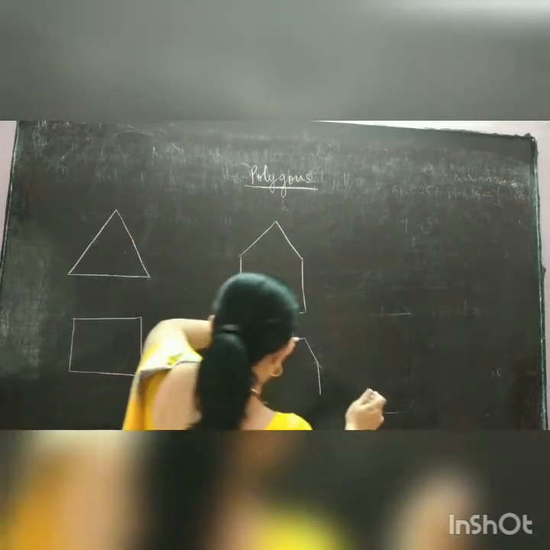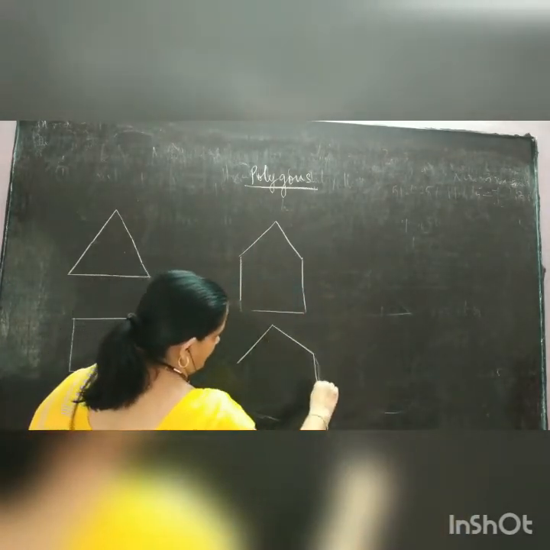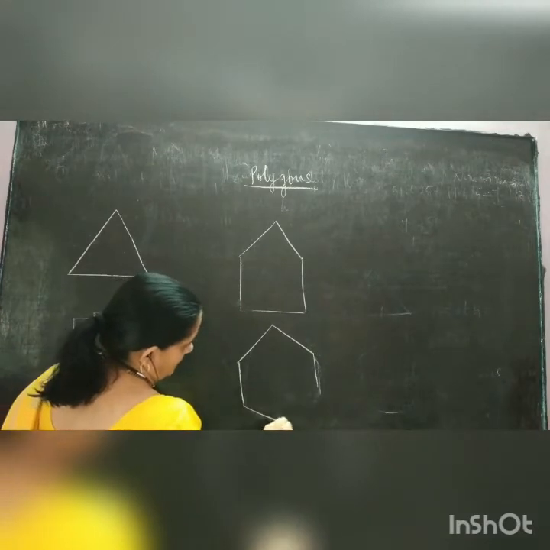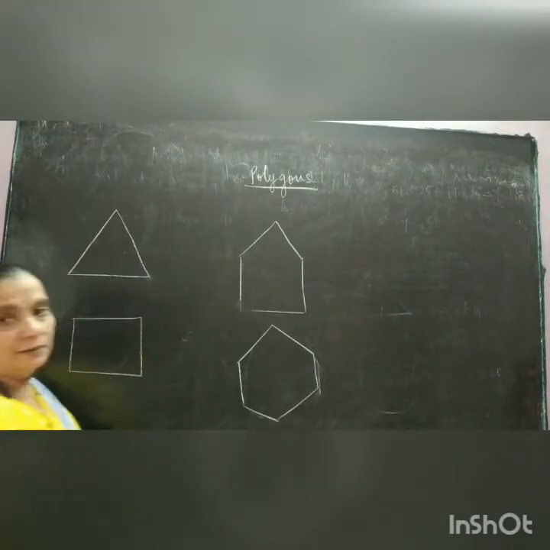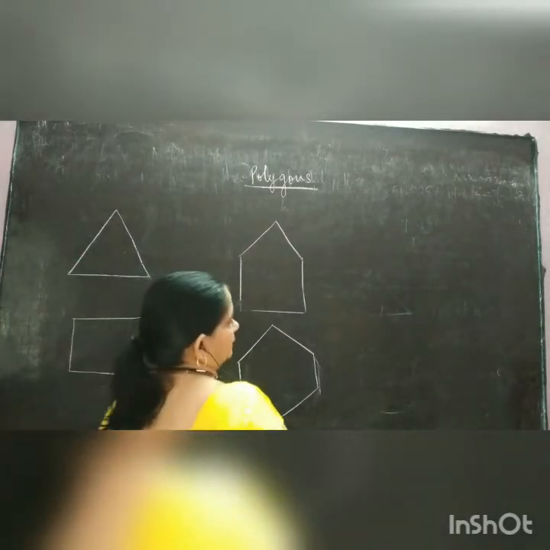Sorry, hexagon. And draw this like this. Hexagon. Then 7-sided figure is heptagon.